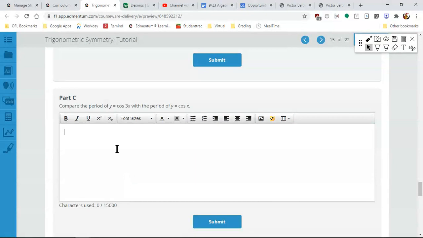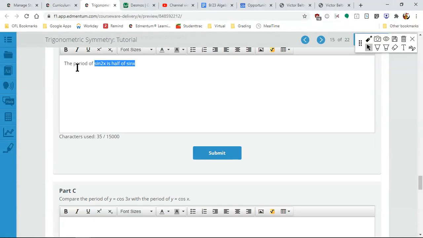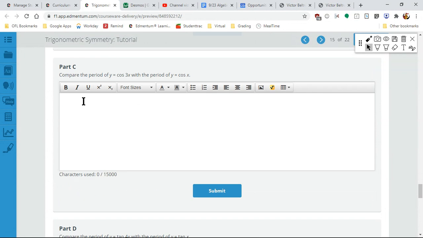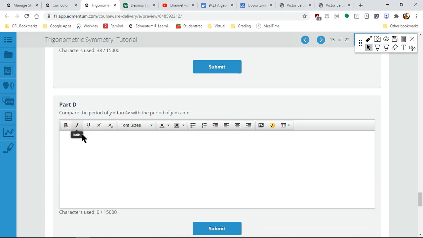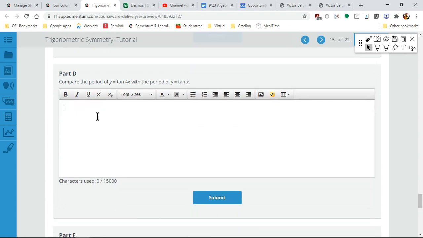What about this one? My laziness comes into play here. The period of that, so we're going to change this to cosine 3x, is a third of cosine x. Then compare tangent x.